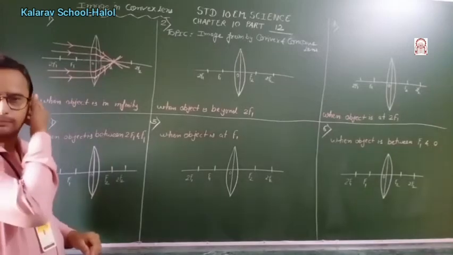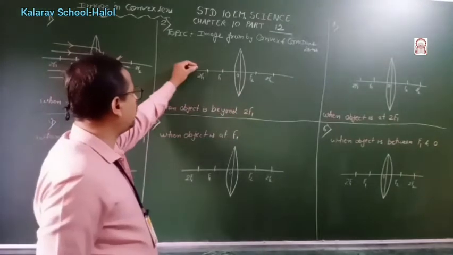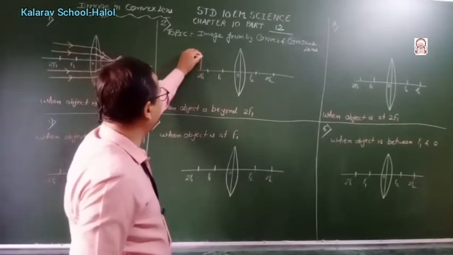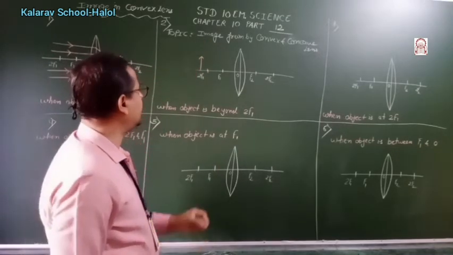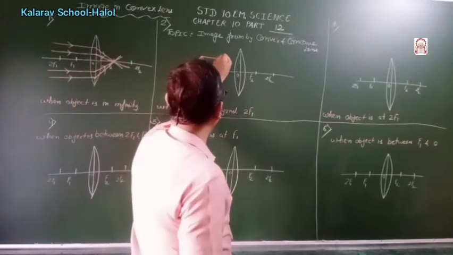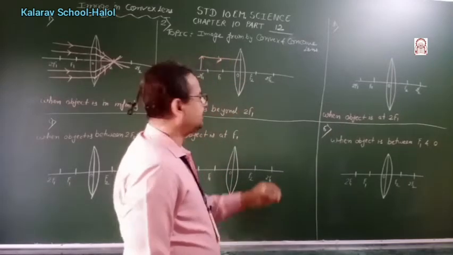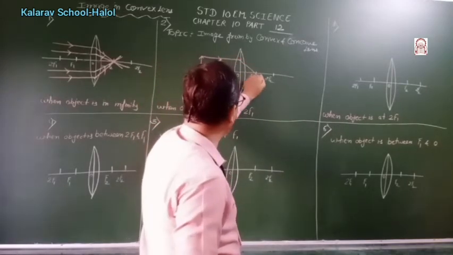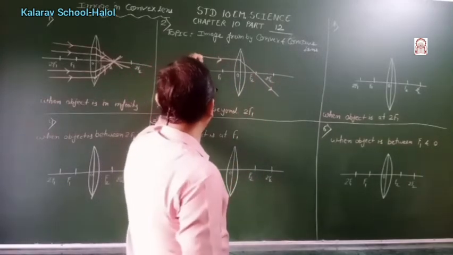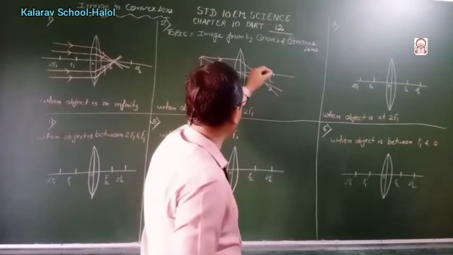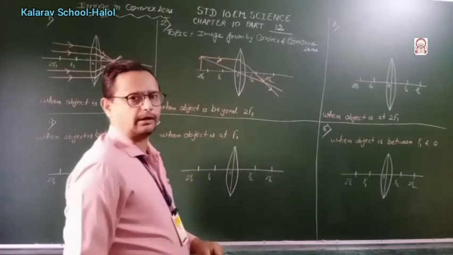In the second one, when the object is beyond 2f1, meaning beyond the center of curvature, one ray will be parallel to the principal axis, and then it will pass through f2. The second one will pass through the optical center and make the image on the other side between f1 and f2.